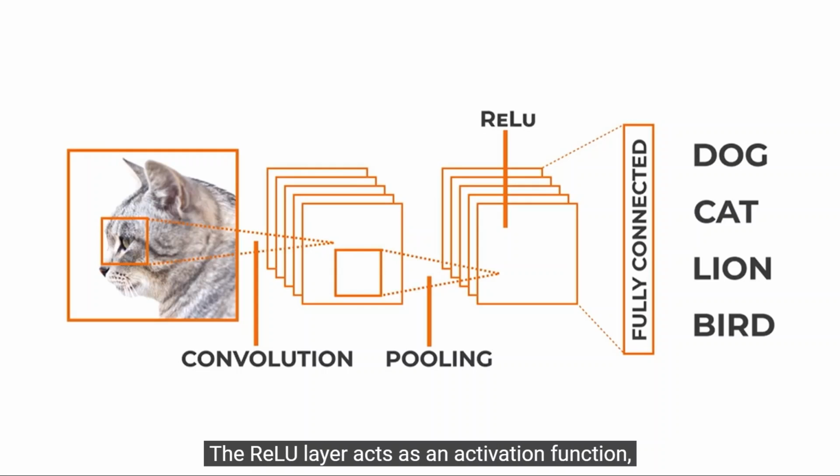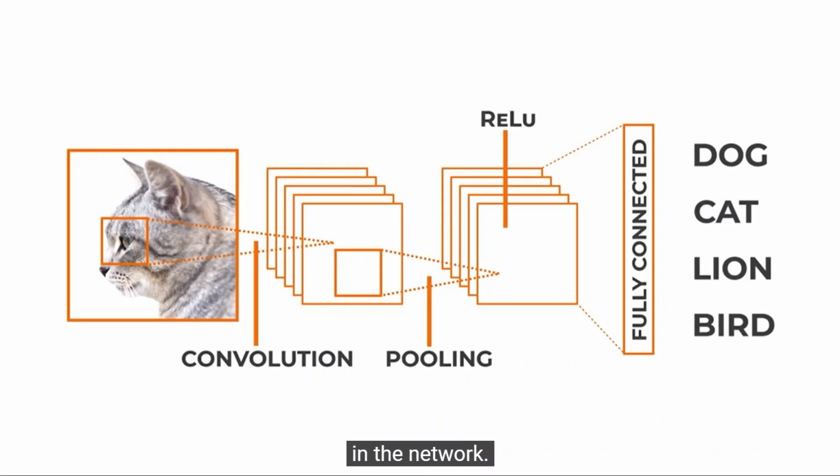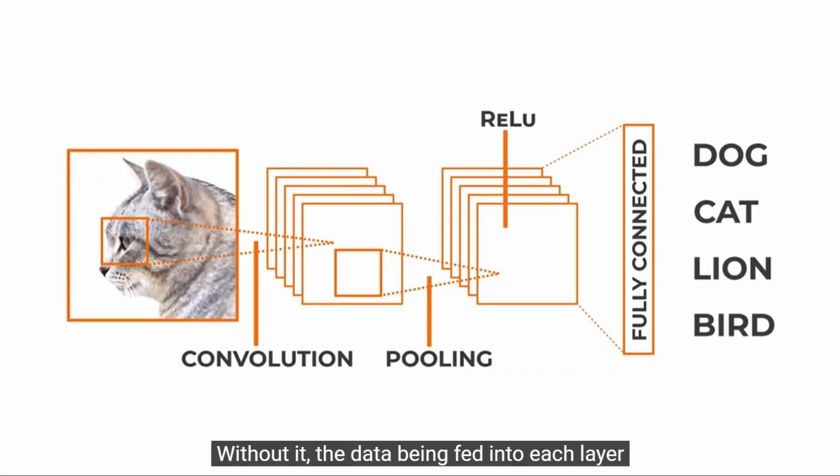The ReLU layer acts as an activation function, ensuring non-linearity as the data moves through each layer in the network. Without it, the data being fed into each layer would lose the dimensionality that we want to maintain. The fully connected layer, meanwhile, allows you to perform classification on your dataset.